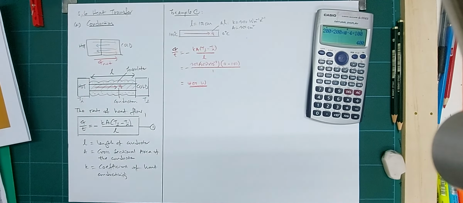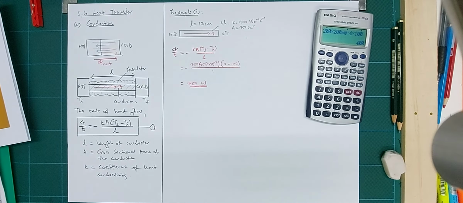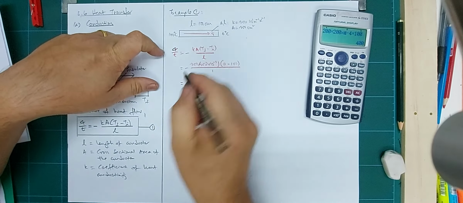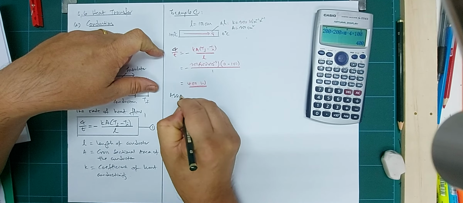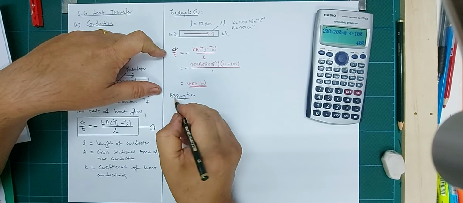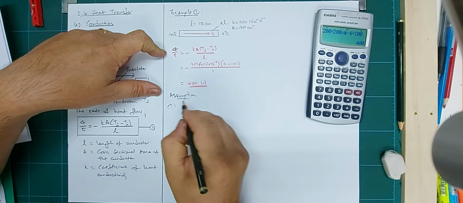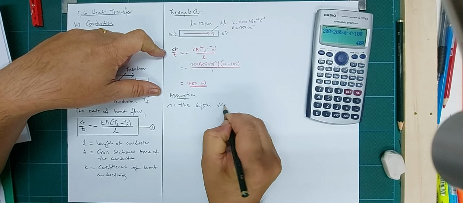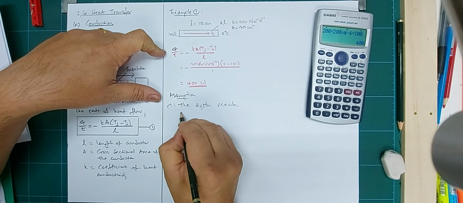But there is a lot of assumption here. How can we simply use the equation like that? We have to assume. Assumption number one: the system reaches equilibrium.